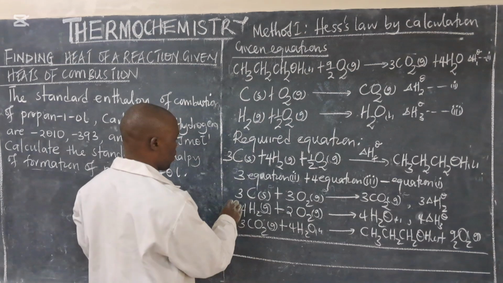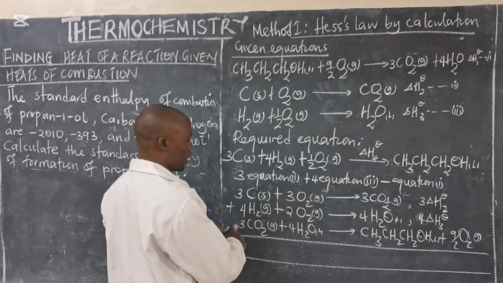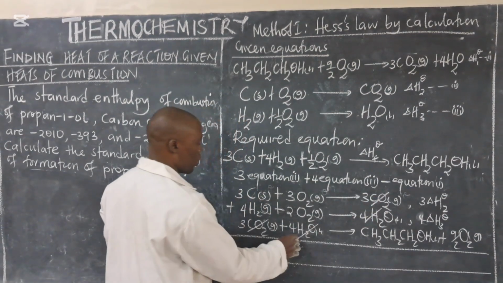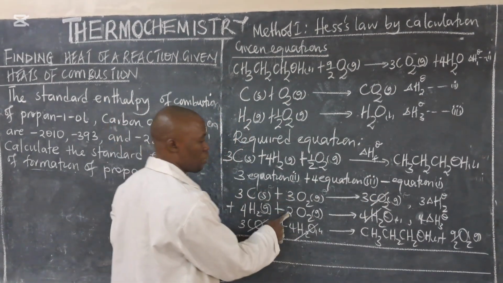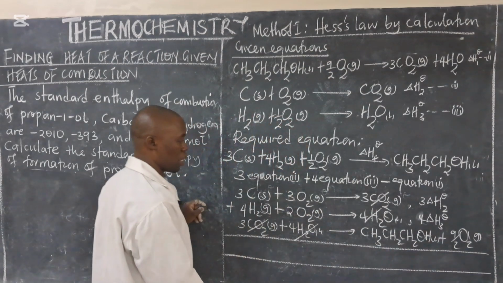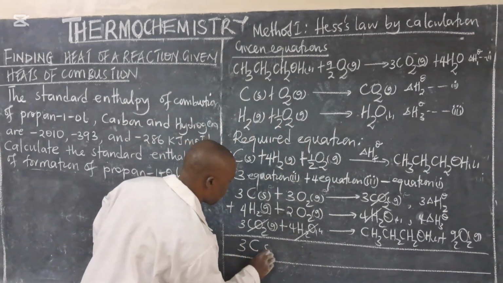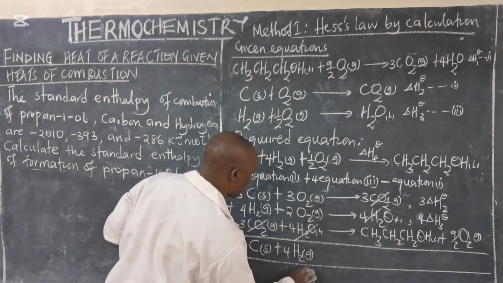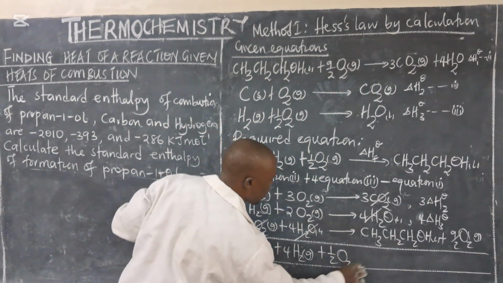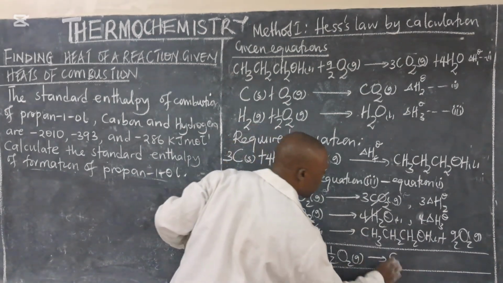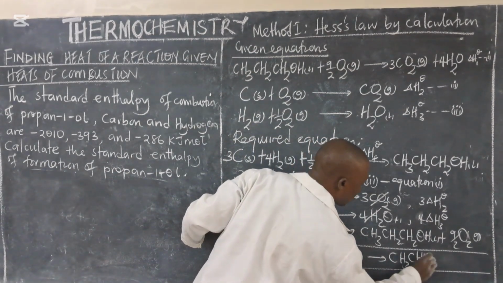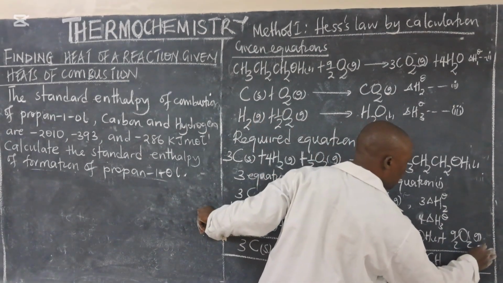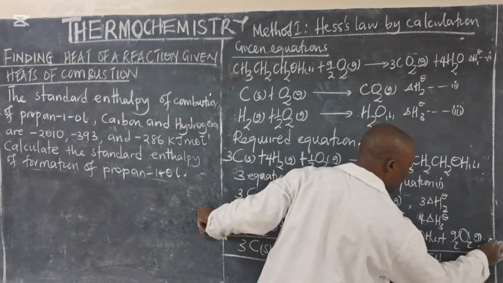Then we add them mathematically, since this is already subtracted by reversing. So I will have carbon dioxide and water, and oxygen is 3 plus 2, 5, minus 4.5. That gives me a half. So I'll have 3 carbon plus 4 of this, then plus a half, and what's remaining is propan-1-ol. By reversing this, this value was meant to be minus 3 times standard heat 1 here.